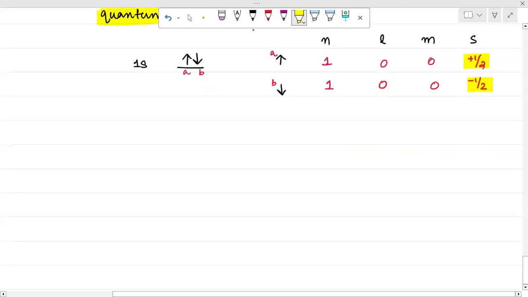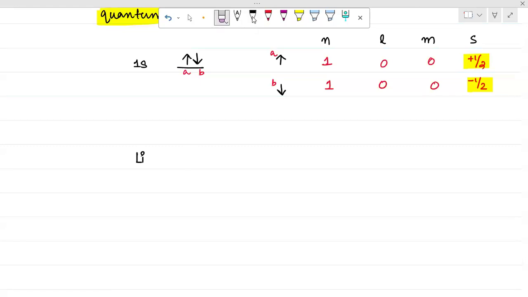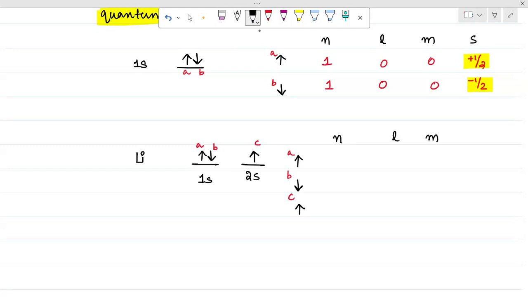Okay, let's take the case of lithium. It has got two electrons in 1s and one electron in 2p. Correct? Now I'm naming these electrons as A, B, and C. And again, I want to list the N, L, M, S values.